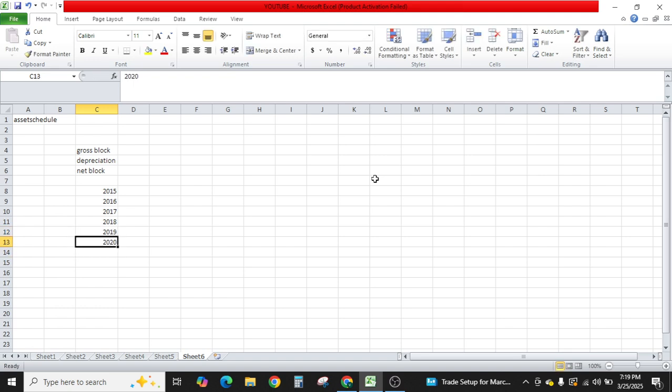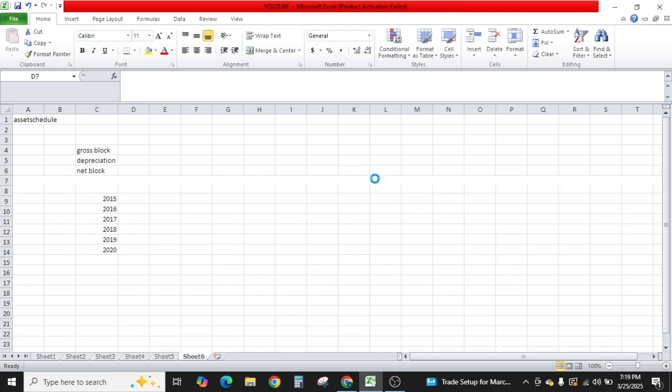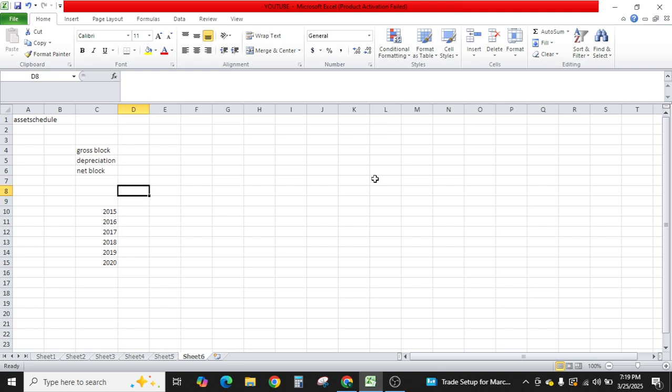This is gross block. This is opening, this is addition, this is deletion, if a deletion is there, and this is closing.